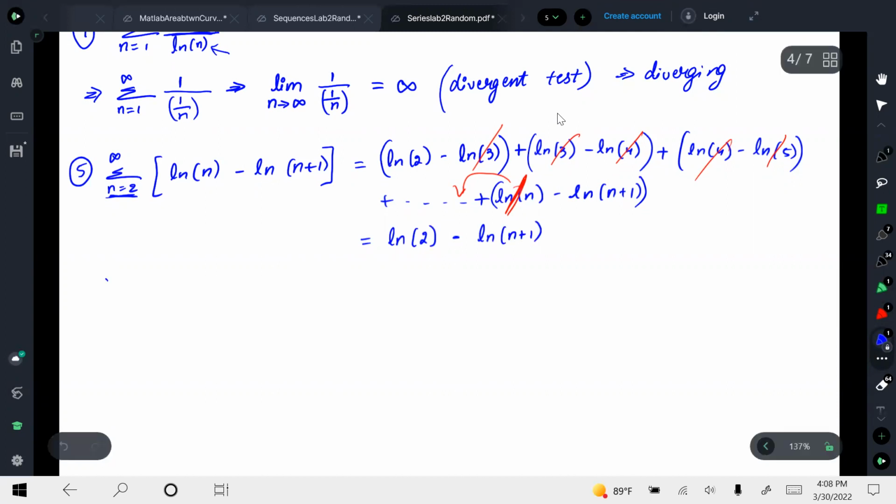Okay, now how do you find the sum? The sum will be equal to the limit as n tends to infinity of Sn, which is the limit as n tends to infinity of ln of 2 minus ln of n plus 1. What do you think is the answer?